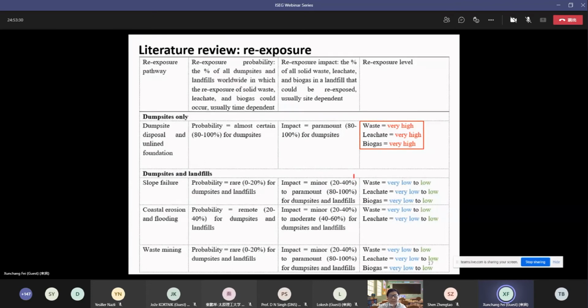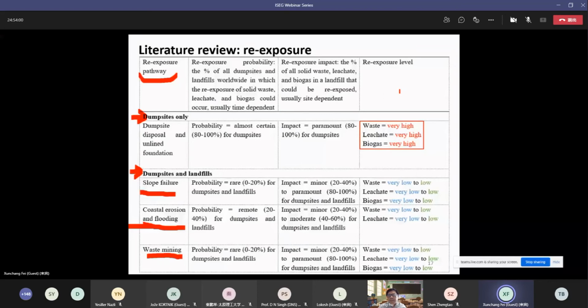So for the re-exposure assessment, here we look into different re-exposure pathways that are only applicable to dump sites. Some of them are applicable to both dump sites and landfills, for example, slope failure, waste mining, coastal erosion, flooding, and so on. Then we did all this probability multiplied by impact analysis and came up with re-exposure levels. So what are the results?